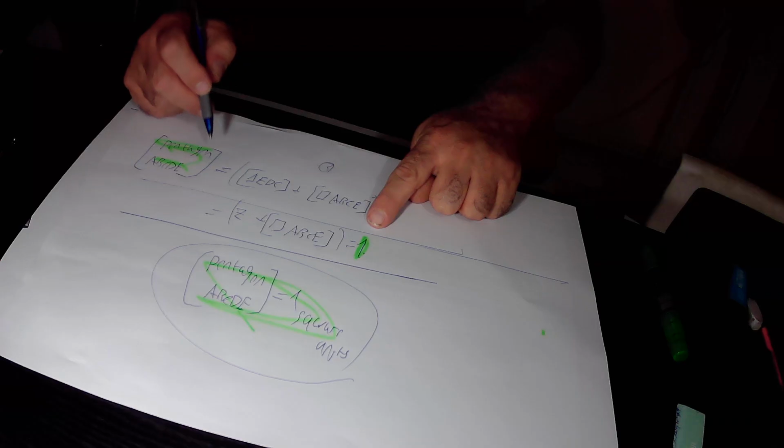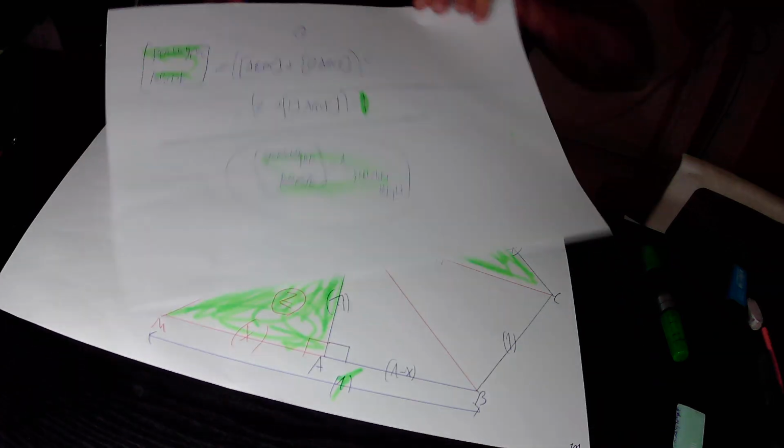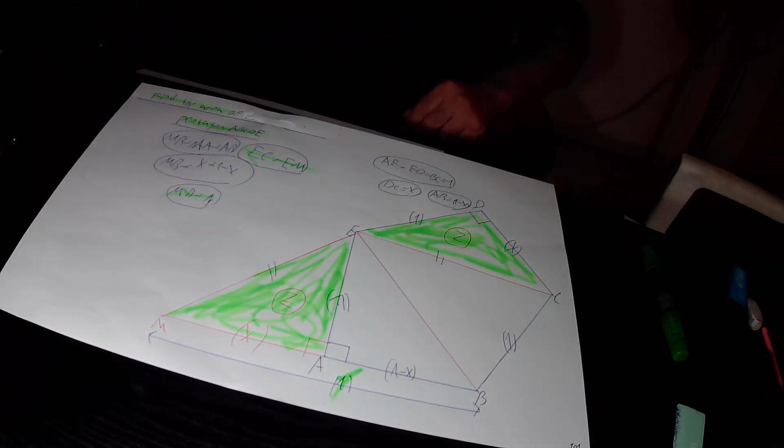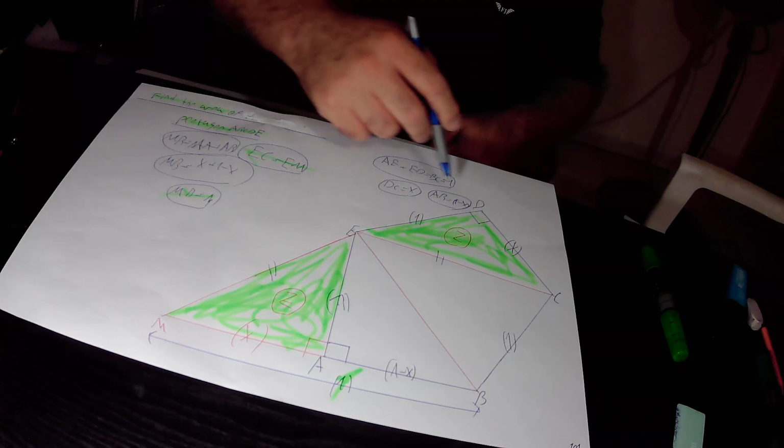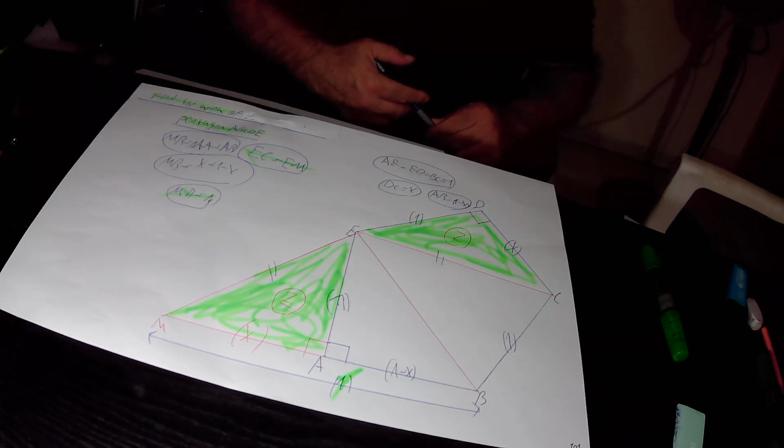Okay, again, we found out that the area of this big pentagon ABCDE is equal to 1 squared in size. So we finish with the first question. The next step, I'll repeat on the second solution of the second question.